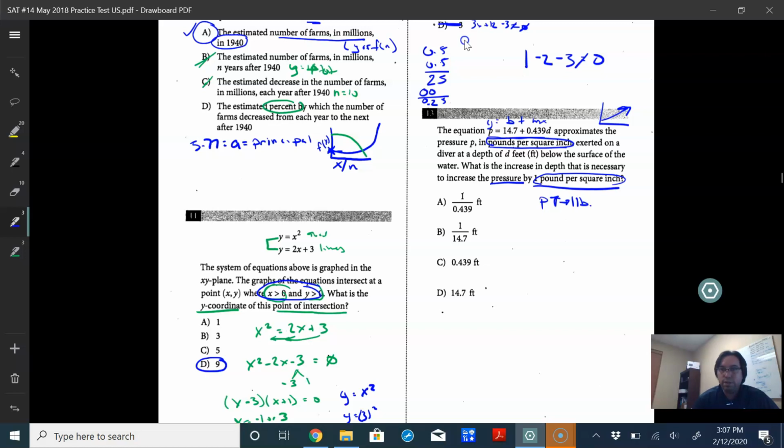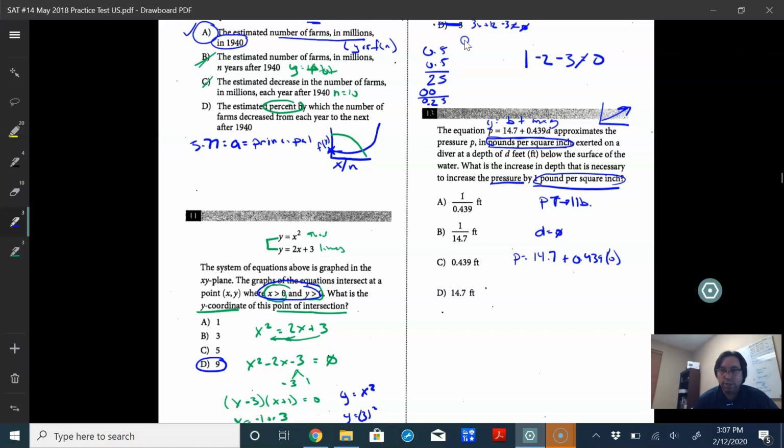So if D equals 0 in this equation, right? If D equals 0, so D times 0.439, that's just going to give me 0, so that means you have P equals 14.7 plus 0.439 times 0. Well, we know when x equals 0, because remember D is the same thing as x on this one.